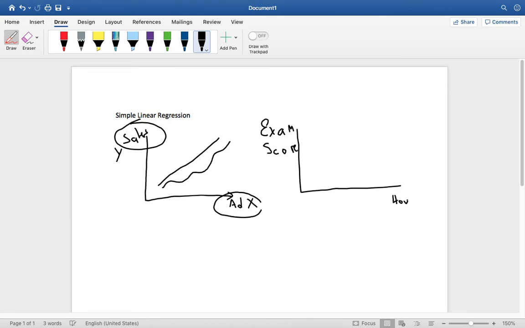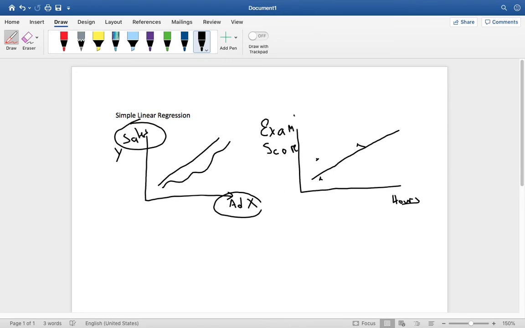And what we'd like to do is get a bunch of students and plot their results on here, whatever it looks like. And what we'd like to see is, as you spend more and more hours studying, that your exam score increases. That's what we'd expect to see. We'd expect some sort of upward trend. It may not necessarily be a straight line, but some sort of upward trend like that.